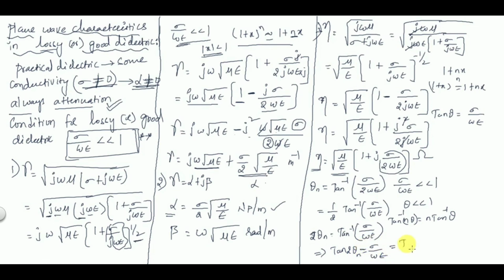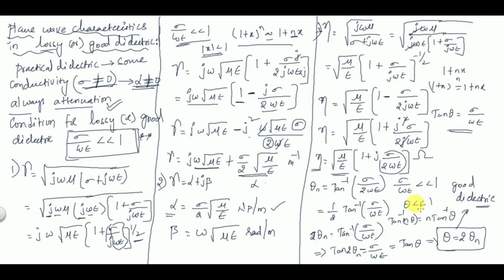This is equal to tan theta also from the earlier equation. Therefore theta is equal to 2 theta n. This is the relationship between theta and theta n. Theta is the loss tangent angle and theta n is the angle of intrinsic impedance. This is in the case of a good dielectric.